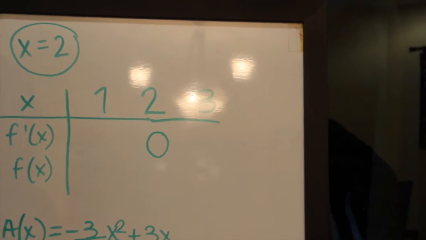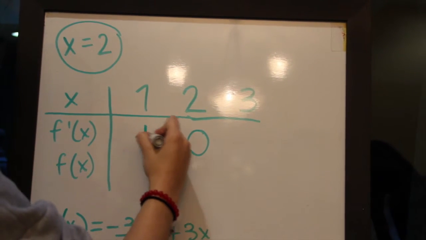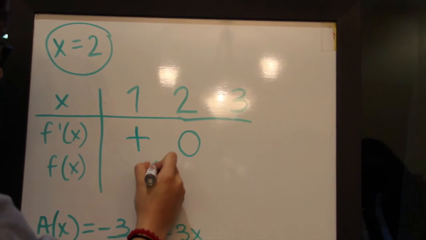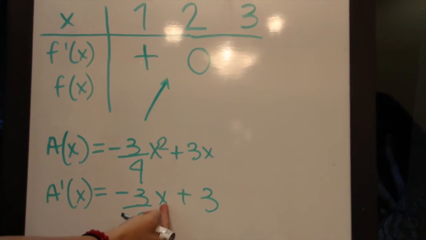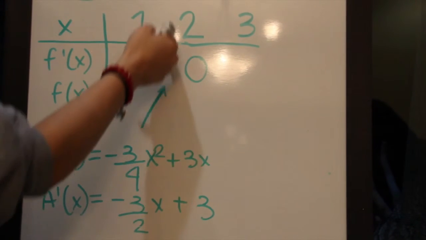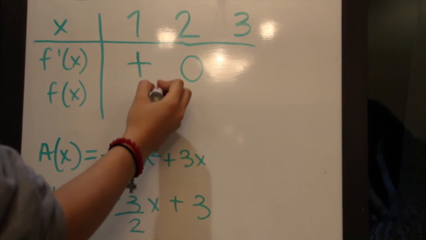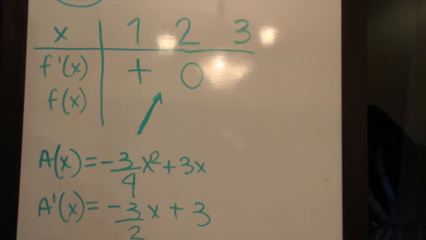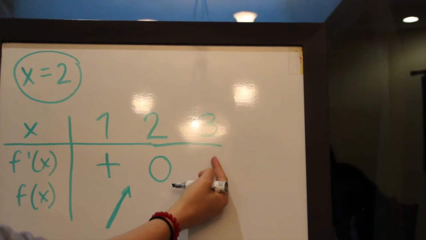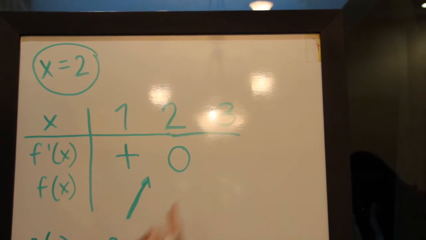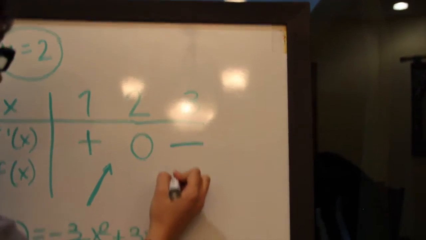Now we're going to use x equals 1, and we get positive. In our first derivative, which is minus 3/2 of x plus 3, we put 1 and got a positive number, so it increases. And number 3, we do the same thing, but with 3. X is going to be 3, and it's going to be negative, so it's going to decrease.